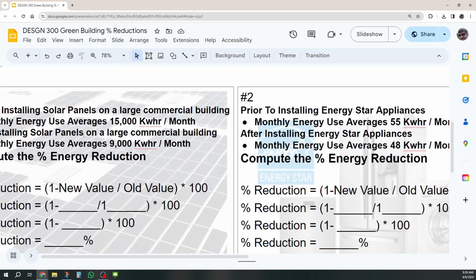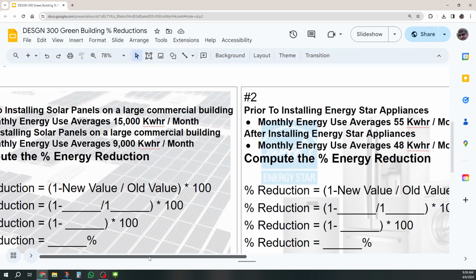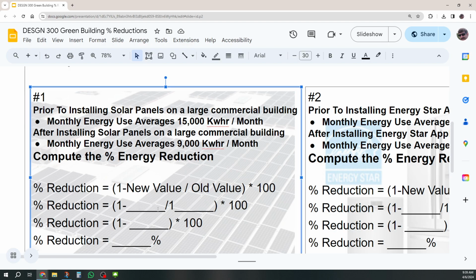So let me get out of this view so that I can actually type. You can just highlight that whole little dash and put 9,000, and you can highlight this whole little dash and put in 15,000.